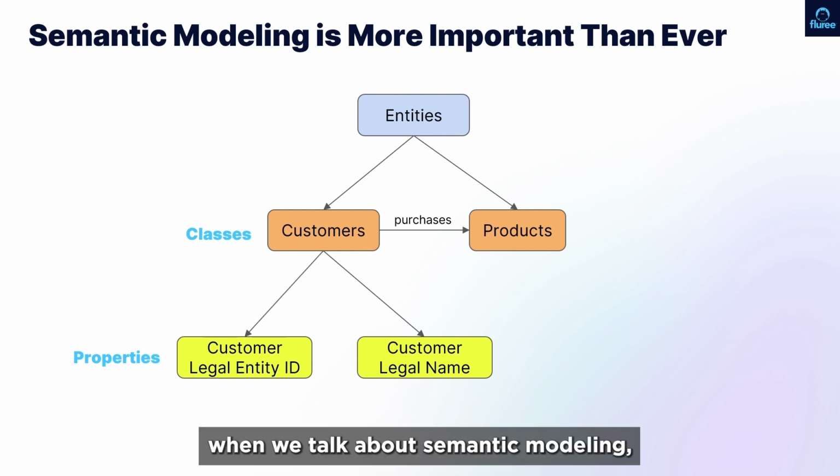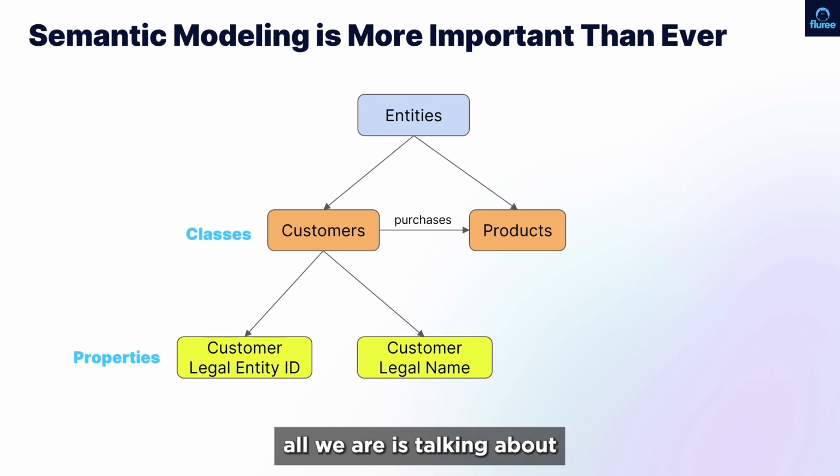And very simply, when we talk about semantic modeling, all we are talking about is defining a set of classes or types of things, and then describing the properties or the attributes of things, and then describing constraints around things or relationships between things.